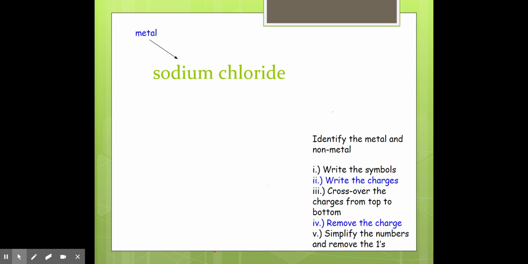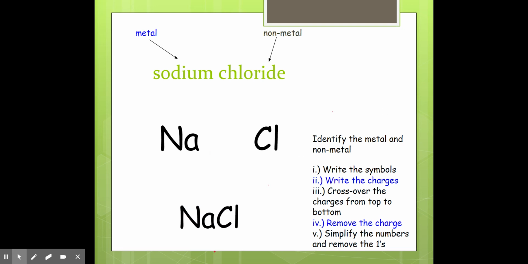Metal is sodium. Chlorine is the nonmetal. You have Na, Cl. Each of them has a 1 charge: +1, -1. The +1 would come down, the -1 would come down. But if they're 1s, we remove them and just stick them together, and you get NaCl.